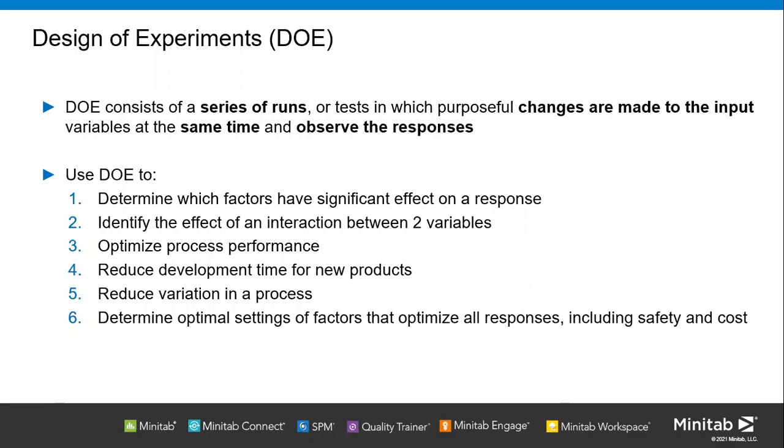You can reduce the variation in the process itself, and of course determine the optimal setting of the factors that optimizes all the responses. Maybe this is one way you will reduce your cost and so on.